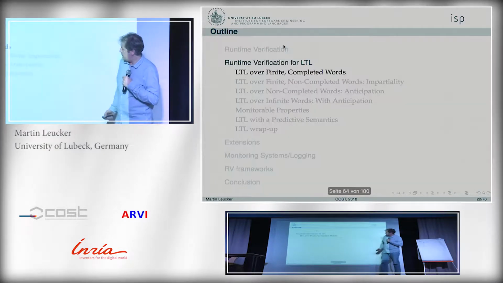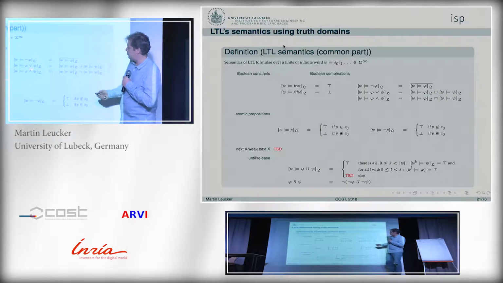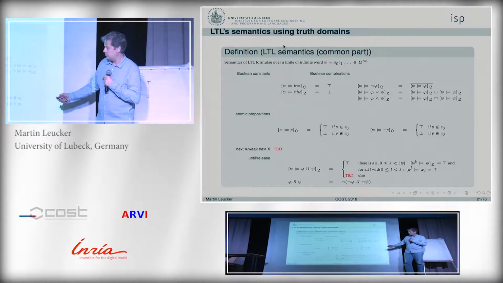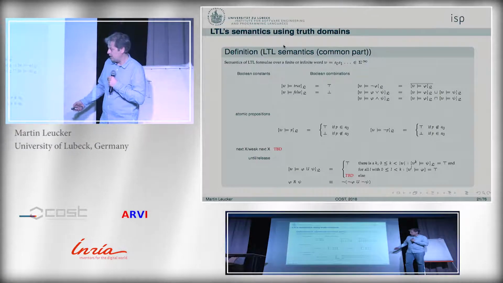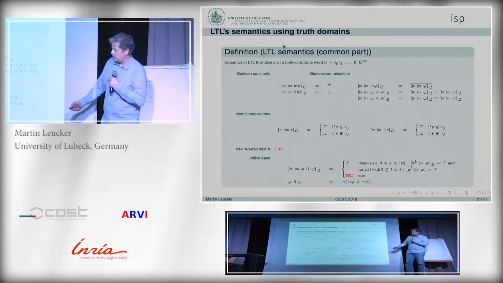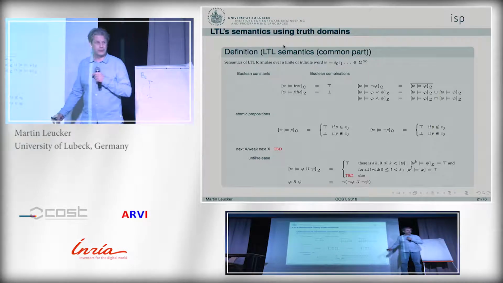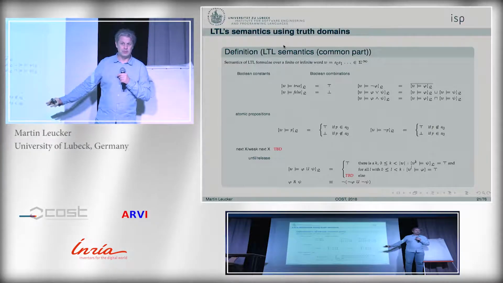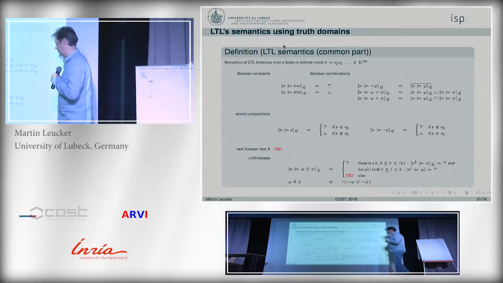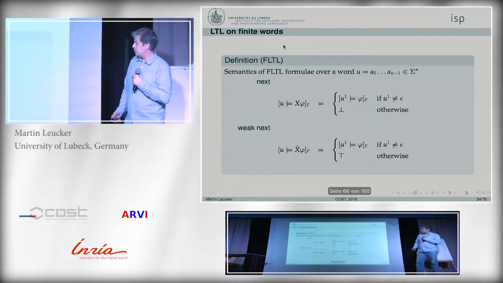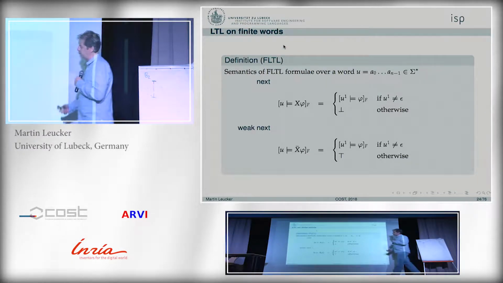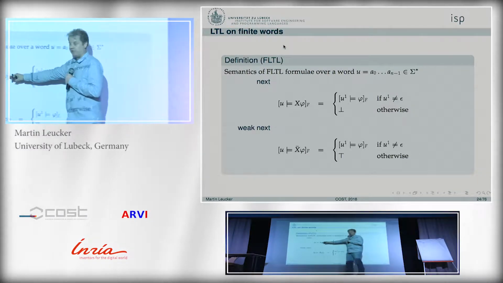We had this generic definition for true, false, not, or, and atomic propositions, but the really interesting case is the next operator. You might also think that the until cases are interesting, but actually they are not, but we come back to that later. So what is the idea of the next for a finite word?